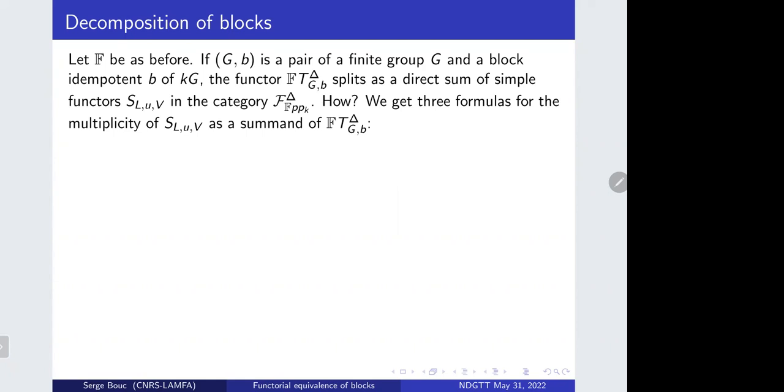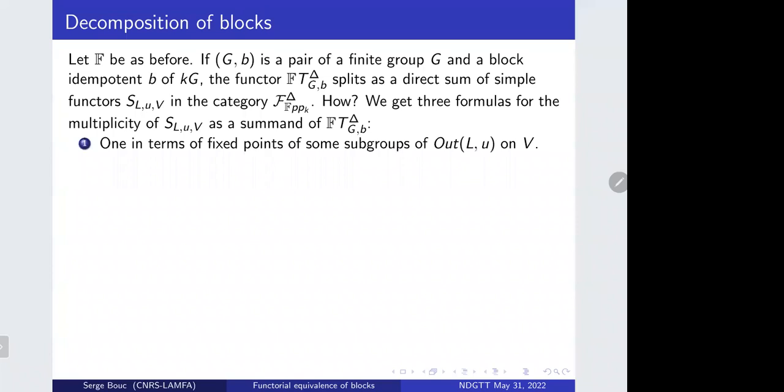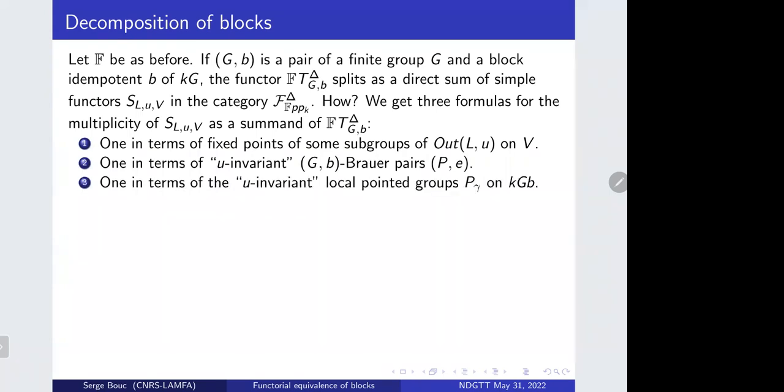And actually, we have three different answers for that. One is in terms of some fixed points of some subgroups of Out(L) on V. The next one is in terms of U-invariant (G,B) Brauer pairs. Don't worry, if you don't know the vocabulary, it's not really important. And the third one is in terms of U-invariant local pointed groups P_γ on kGB.